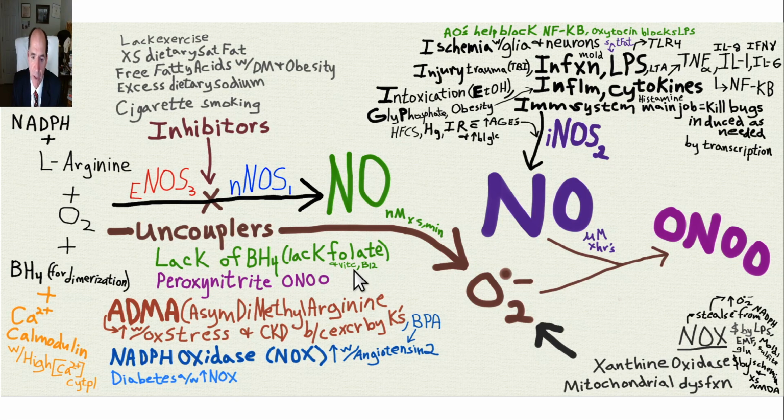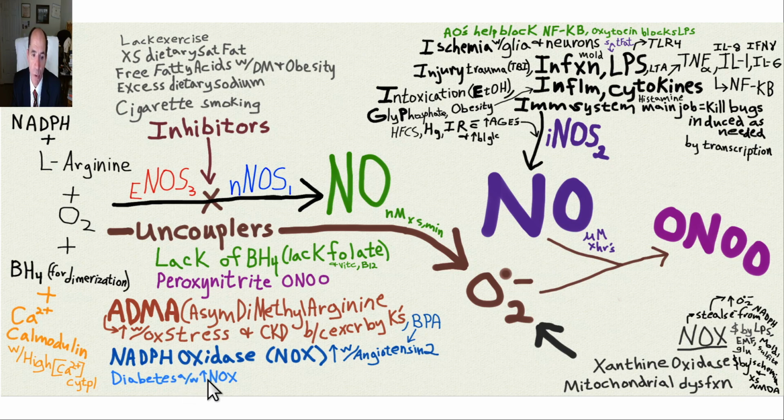Also, if you're deficient in vitamin C and B12, you'll get uncoupling of this nitric oxide synthase enzyme, neuronal NOS, and then you'll form superoxides. That's bad, okay? Peroxynitrite itself can uncouple the function of the neuronal nitric oxide synthase, okay?